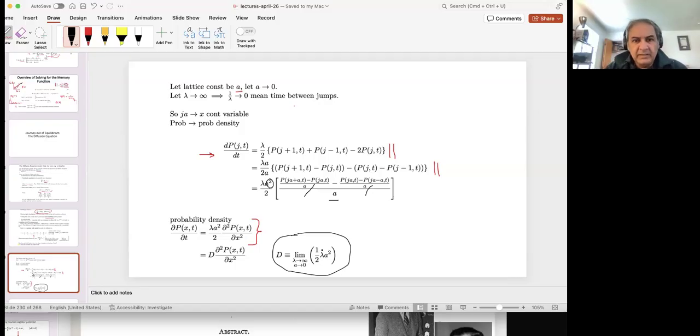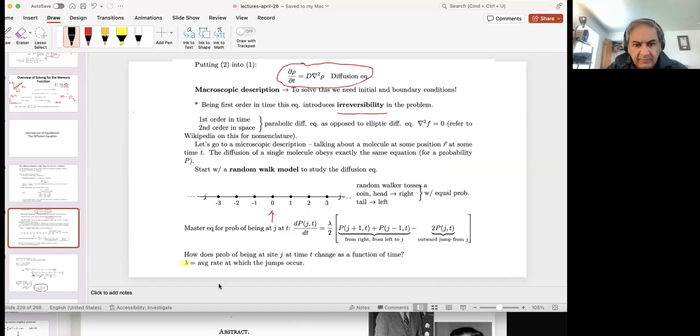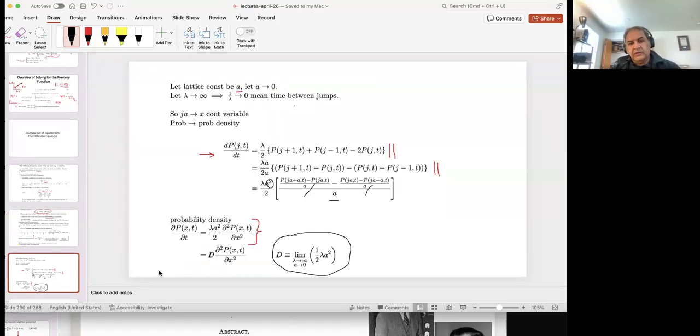Sorry, I'm always getting confused. Mean time between jumps. That is a measure of the residence time. So we describe lambda, therefore, as average rate at which jumps occur. So therefore, it's the rate. So this is your D, and then this is your probability equation. So instead of writing it in terms of rho, we have written it in terms of probability.